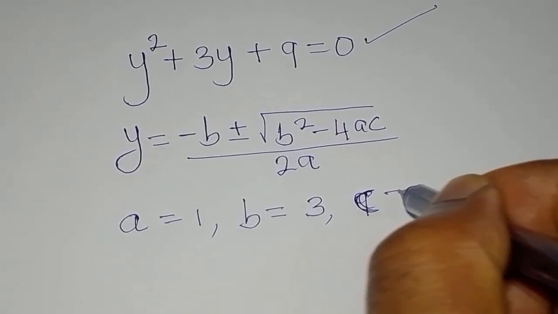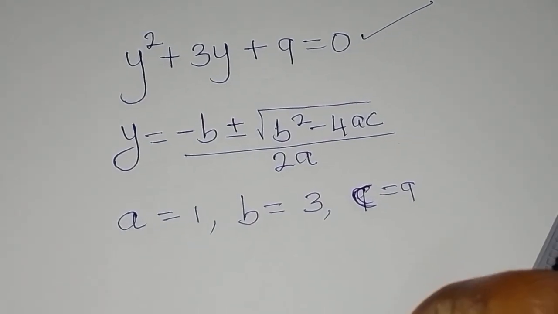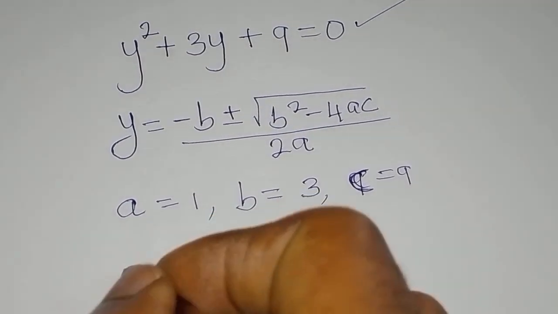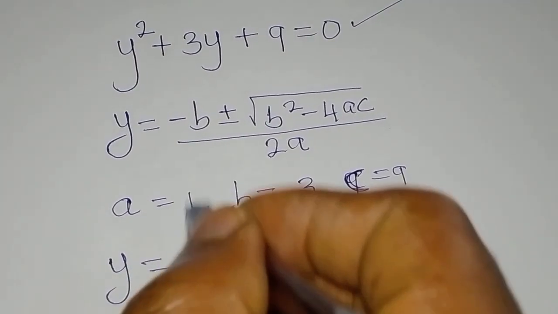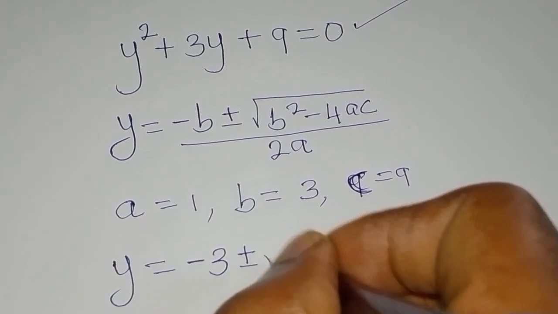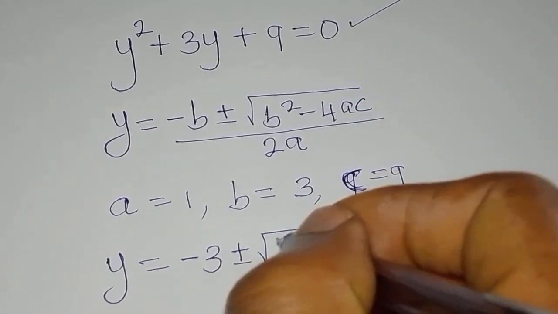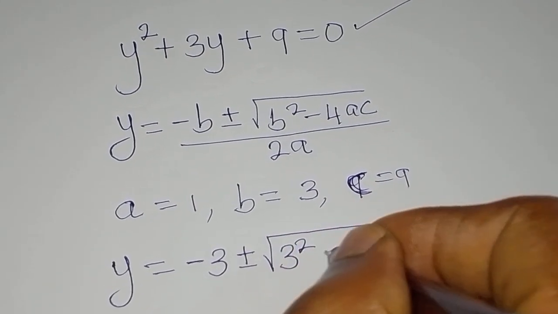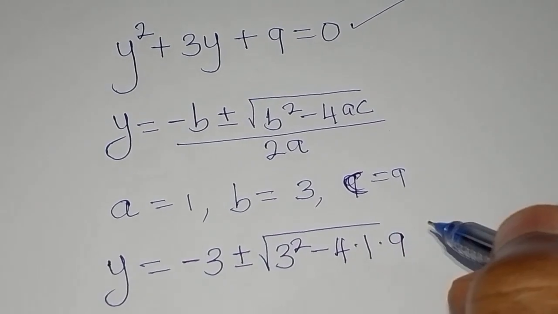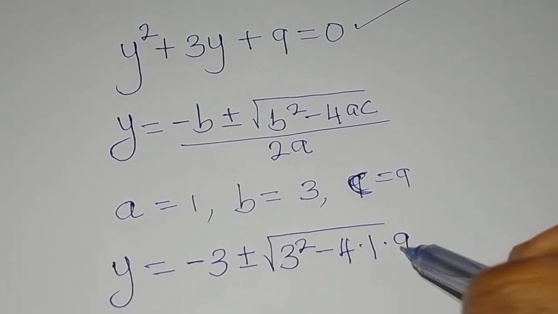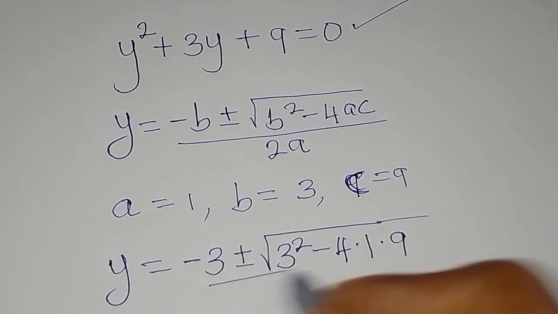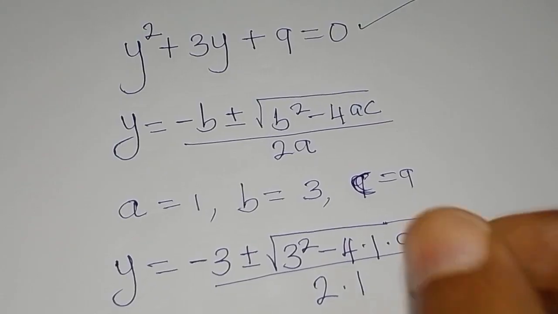So let's put all of them into the formula, so that our y will be equal to, in place of minus b, we'll write minus 3 plus or minus the square root of b squared, that's going to be 3 squared, minus 4 times 1 times 9, because a is 1 and c is 9. So this is divided by 2 times 1.